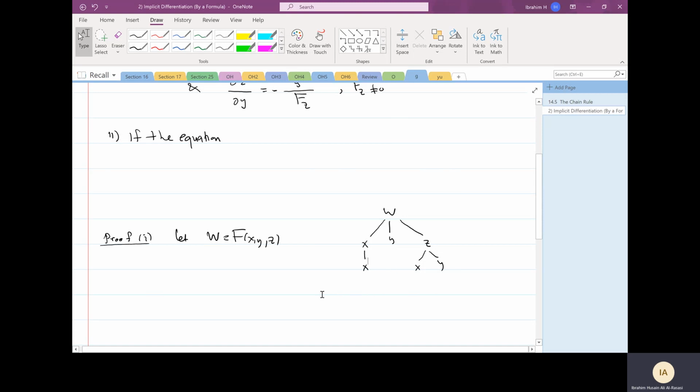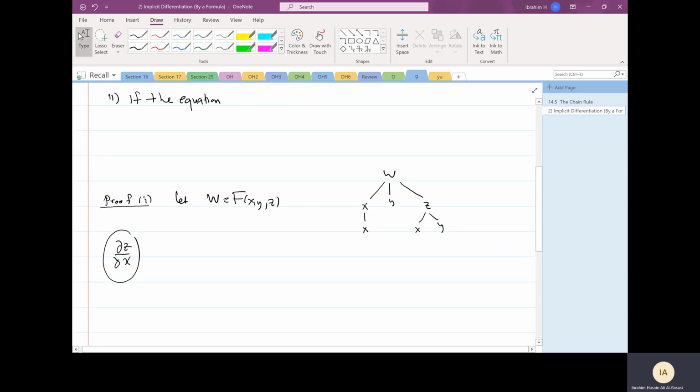Okay. Now, what I will do is the following. I am given w. I am given h. So to find partial z, partial x, let me say partial z, partial x. Okay. It is enough to find this. Finding partial z, partial y is similar. Okay. So how to find partial z, partial x? I will proceed with the implicit differentiation as in section 14.3.